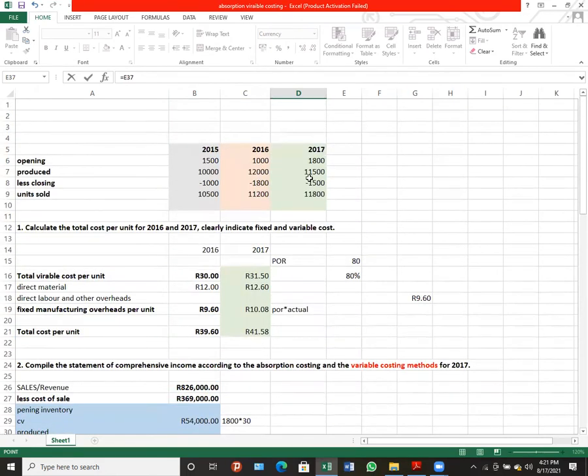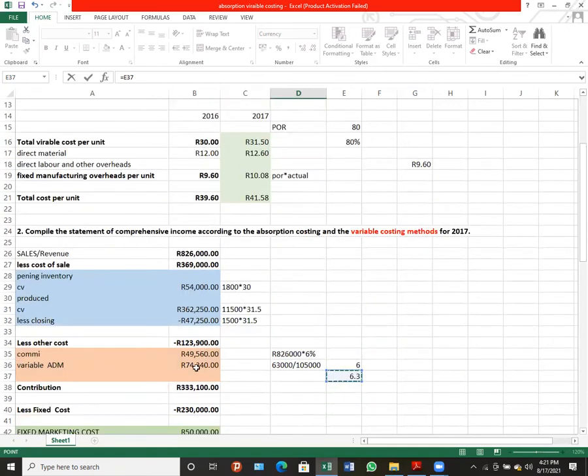We produced 11,500 times 6 rand 30. Just punch on your calculator if you don't get this amount. This times the units produced, which is 11,500, will get this. Please, guys, don't forget the steps. You are covered, my sister.